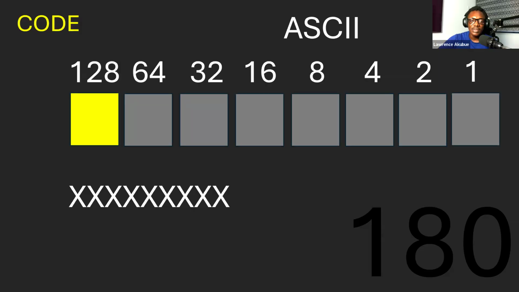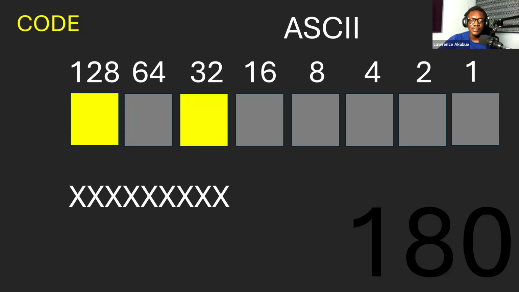Somebody should speak because I'm no longer seeing the message side. Somebody who can see the message should just read it out for me, please. I have 128. What's the next one? 32, sir. 32. Okay.